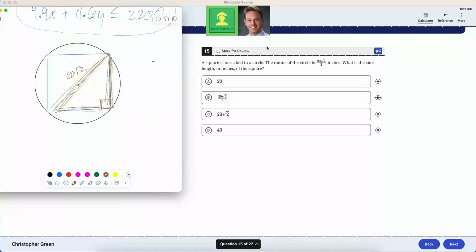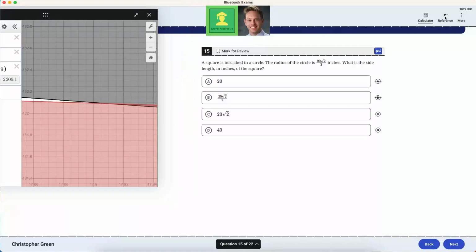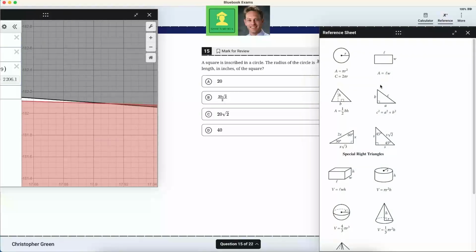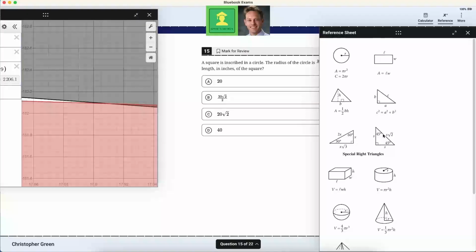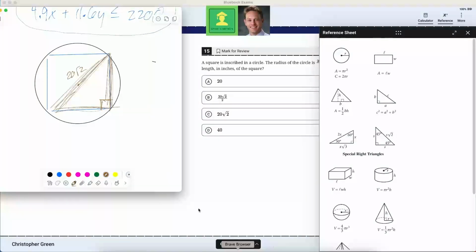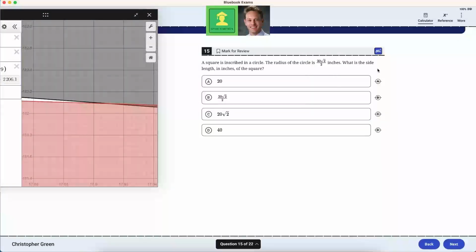And then, of course, if you happen to not remember, you could look at the reference sheet here. So in a 45, 45, 90, the hypotenuse is radical 2 times the side length, which makes this actually really simple to jump back to this being 20 and this being 20. And then what's the question here? What is the side length? It's just 20. It's actually very straightforward.